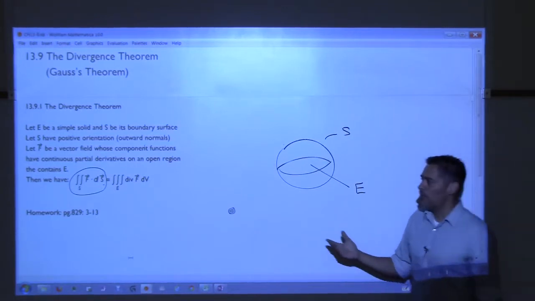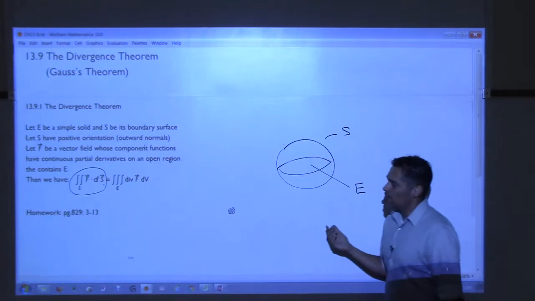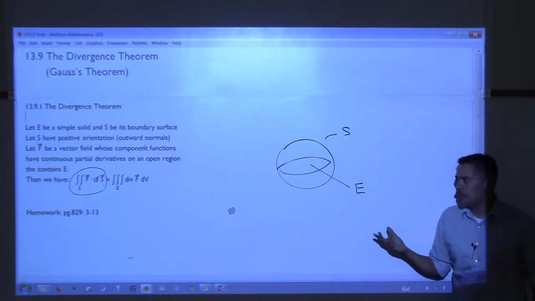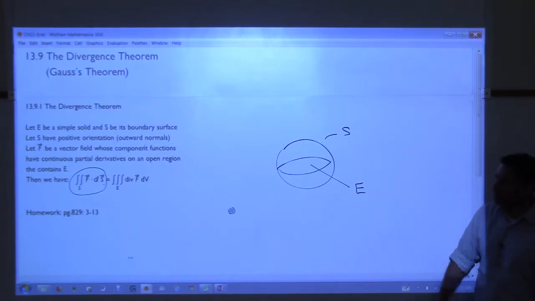Now, I'm not going to prove this theorem. I didn't prove Green's theorem. I didn't prove Stokes' theorem. Those proofs would probably take at least 45 minutes each, and I don't think that's really worth the class time. The proofs are pretty awesome, though. You can Google it.